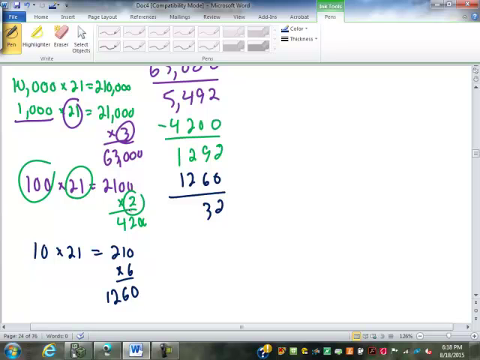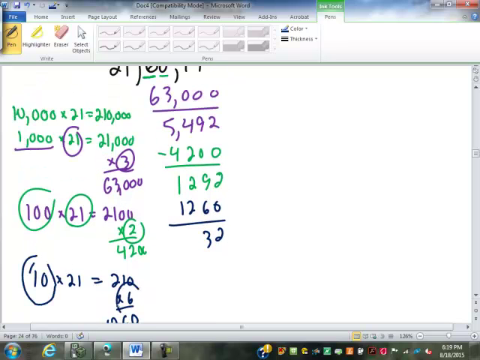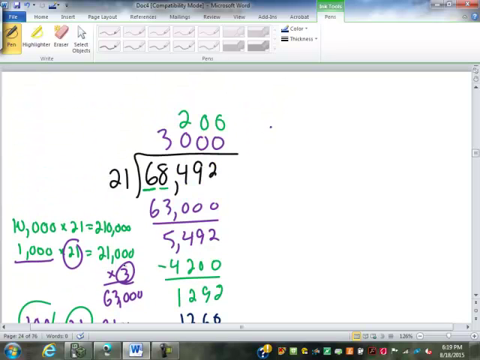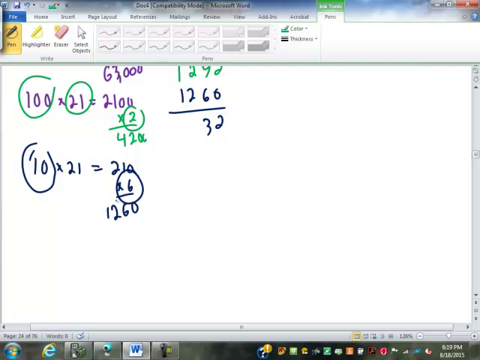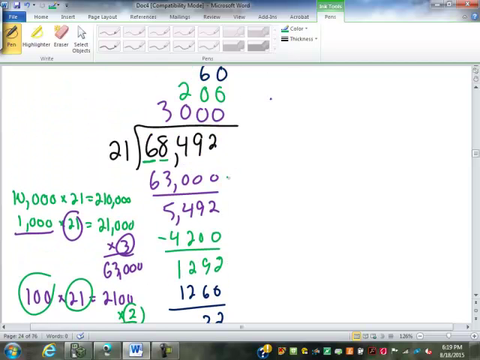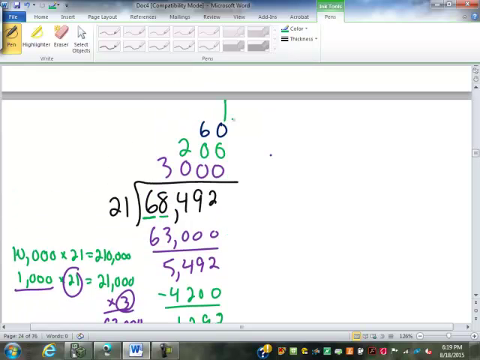So that would be 10 times 6, or subtracting 21 60 more times. Finally, I'm just down to ones, or 21 itself. I can subtract that once with 11 left over. So what that's telling me is 68,492 divided by 21 is 3,261 with a remainder of 11.